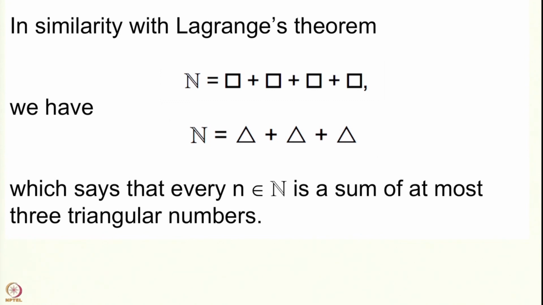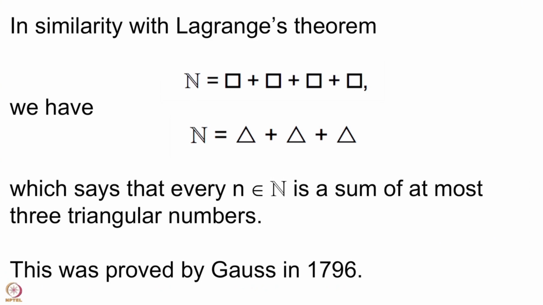This was proved by Gauss. He had noted this in his diary, and the date for that entry is in 1796. So, Gauss had noted this, that num is Δ + Δ + Δ. You need at most 3 triangular numbers to write every natural number.